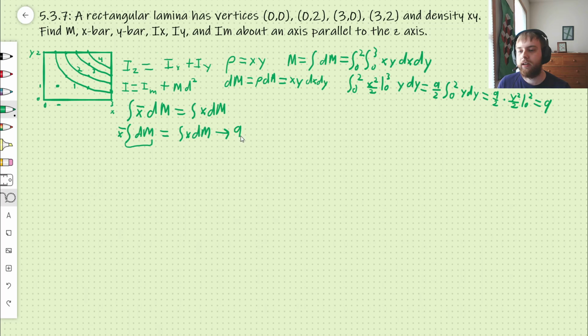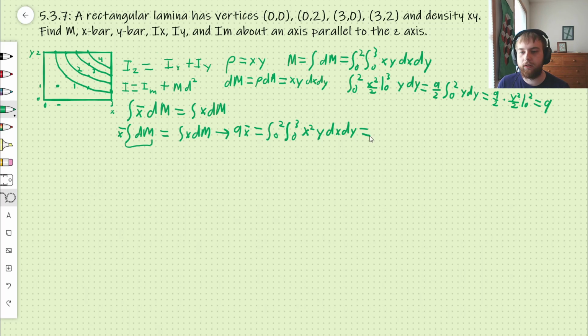So 9 times x bar equals, and we can substitute in what we know already from up here, 0 to 2, 0 to 3, and don't forget the x in there. So this is x squared y dx dy.